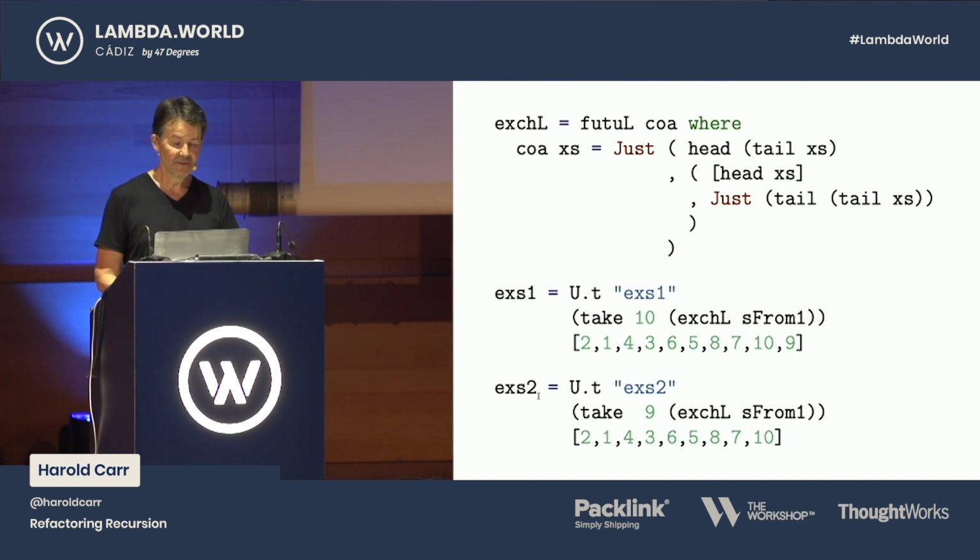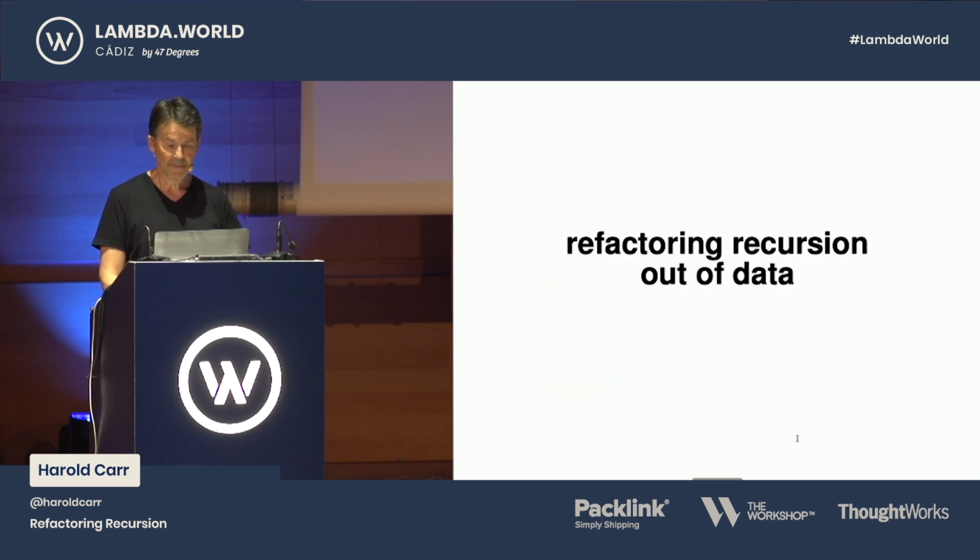So all that is doing is exchanging every two elements, every two pairs of things in a list. It handles edge cases right, because I notice in this one, if I'm only taking 9, I exchange, but it drops the 9 off. So you always want to make sure of your edge cases.